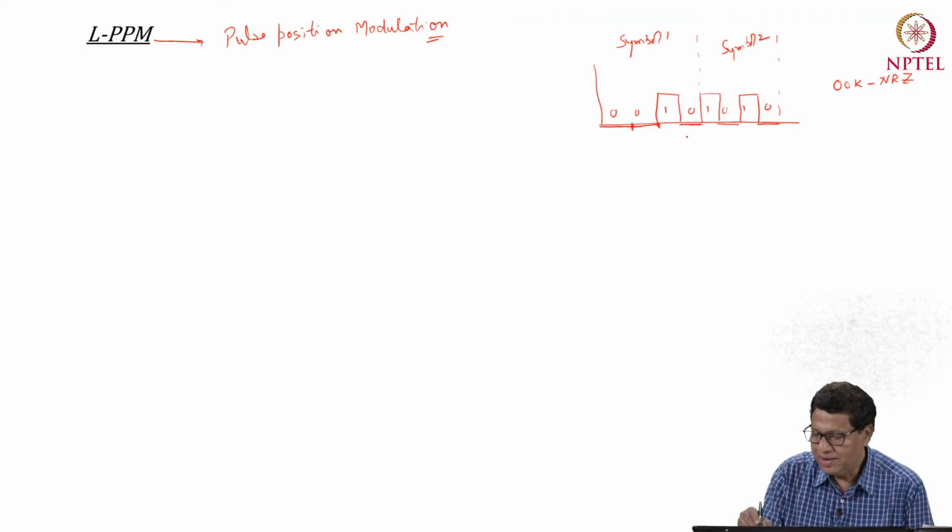So I will divide each symbol duration into 16 parts, that is 2 raised to power 4.